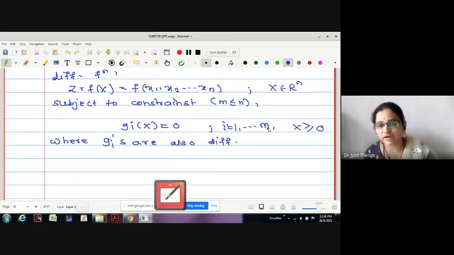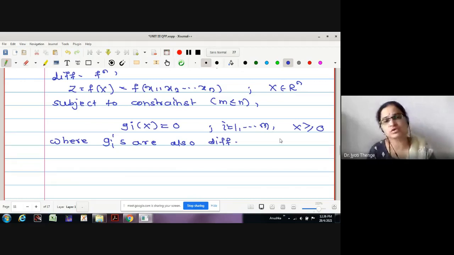Therefore, for every constraint, we are going to use one Lagrange's multiplier. How many Lagrange's multipliers will we be using? Lambda 1, lambda 2 to lambda m, right? Along with the original n variables, m Lagrange's multipliers. Therefore, the Lagrangian function has n plus m variables in total, right? Thus, now we form the Lagrangian function.